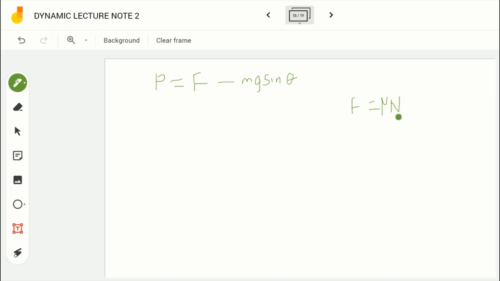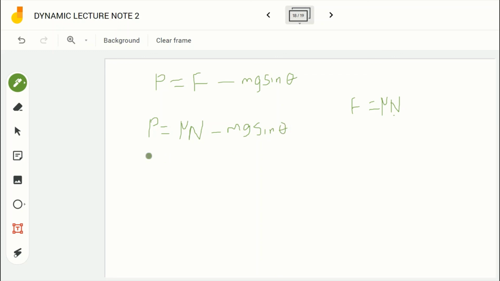So I can log this into the equation. Therefore, my P, which is the applied force, is equal to rho times N minus mg sine theta.